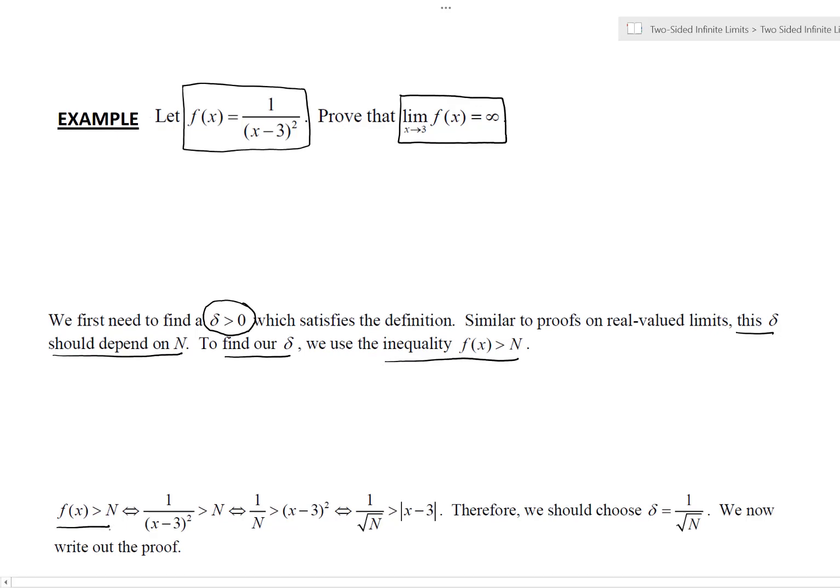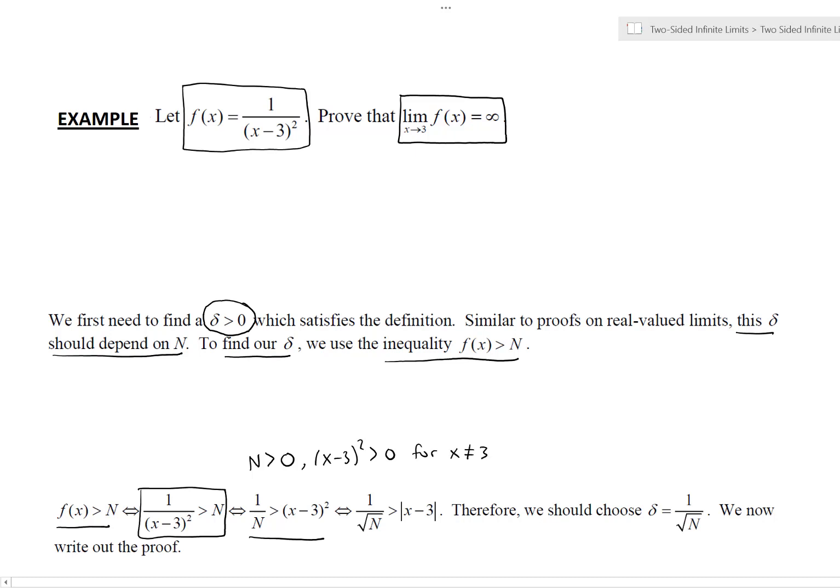f of x bigger than n, we're going to find this n. Well, that's the same thing as saying 1 over the quantity x minus 3 squared is bigger than n. And then we're going to solve that. If we divide both sides by n and multiply both sides by x minus 3 squared, we get the next statement: 1 over n is greater than x minus 3 squared, noting that that's not going to mess with the inequality symbol since n is assumed to be positive, and note that x minus 3 squared is positive as well for values of x not equal to 3.